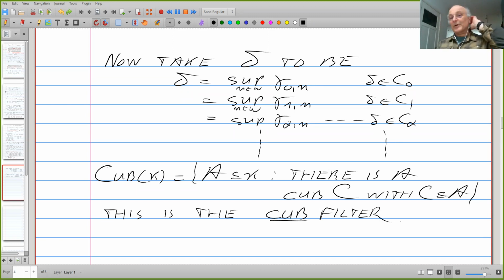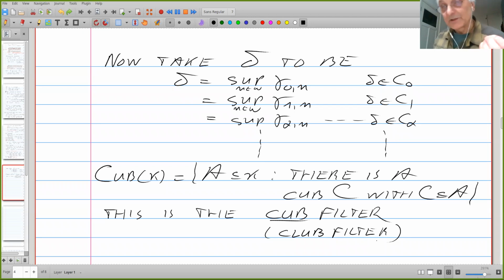This is what many people now call the club filter. Because there are people who take the first two letters of closed and those two letters from unbounded and call the sets club.